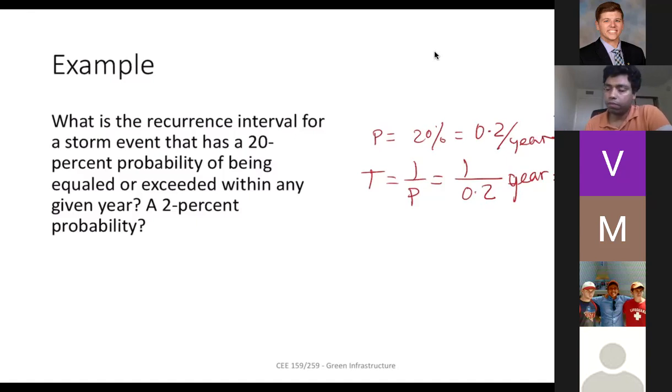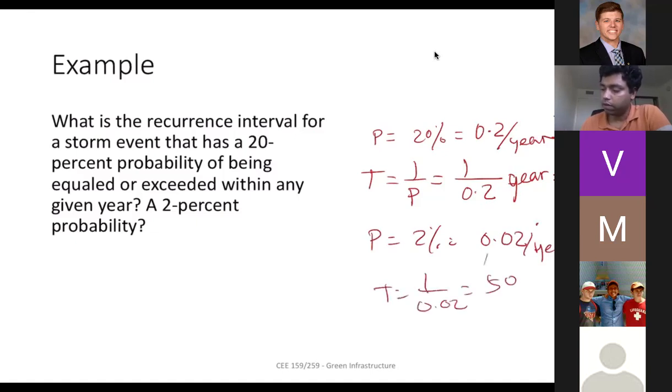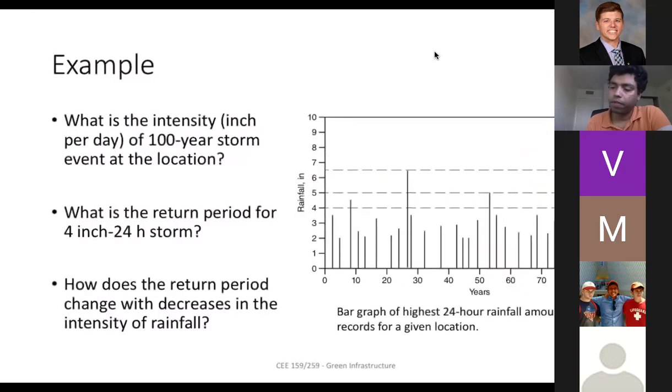Same thing for a probability of 2%, which is 0.02. The return period will be 1 over 0.02, which is 50 years. Okay, so again, this is just simple math.